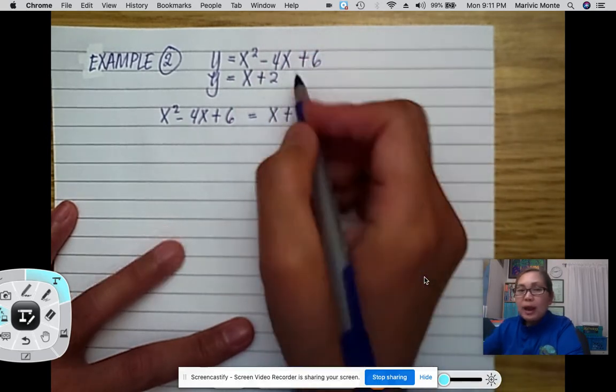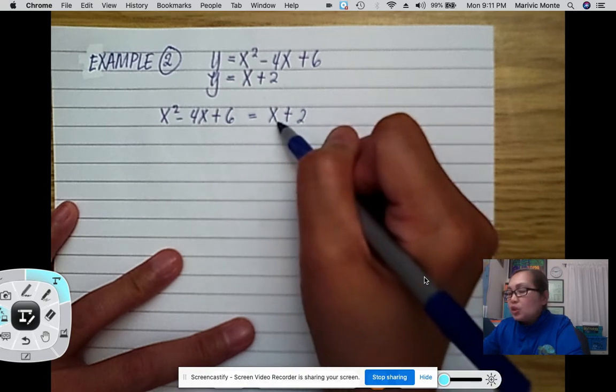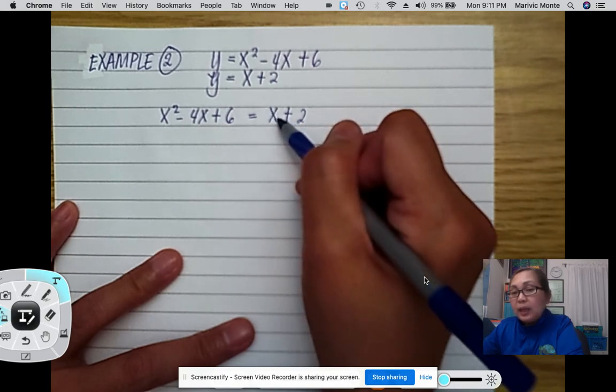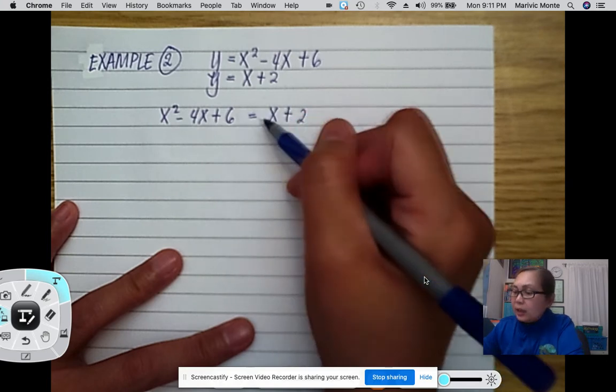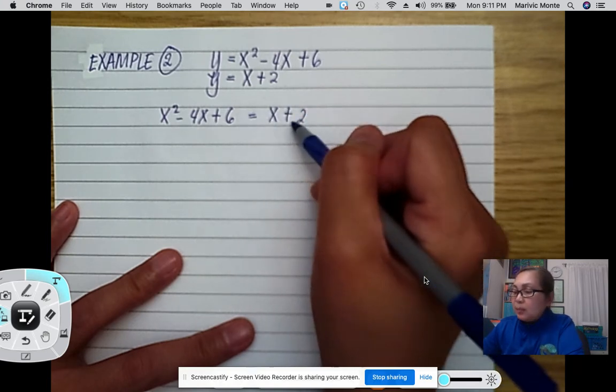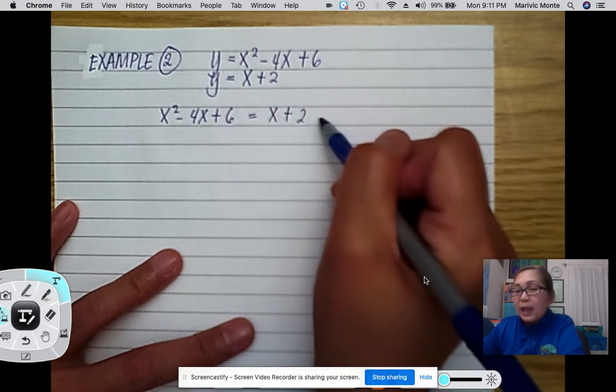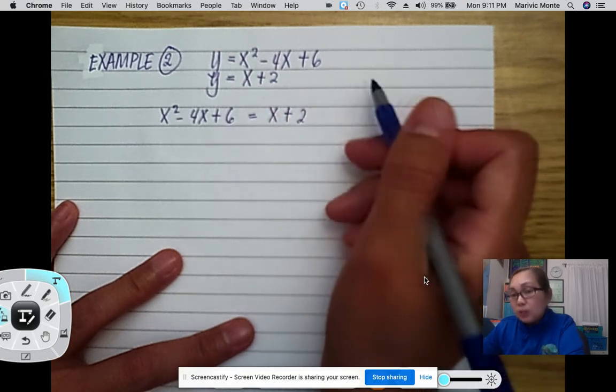Now remember how we said that if we want to move a term from one side of the equation to the other, we simply put the opposite sign on it. So I want my positive x and my positive 2 over to the left so that I can have a 0 on the right.